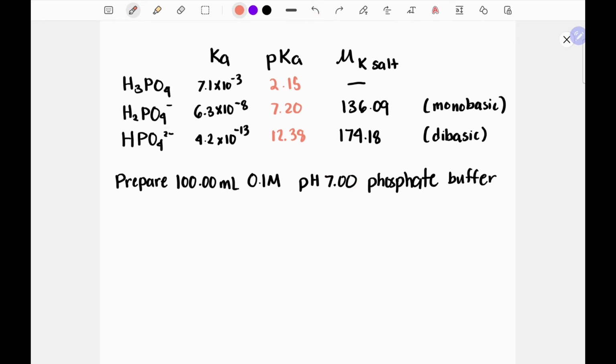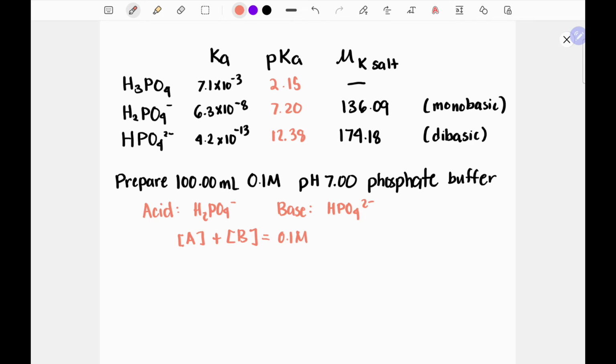So our acid must be H2PO4 minus, and our base is its conjugate. It's HPO4 2 minus. When we say 0.1 molar, the concentration of the acid and the concentration of the base should be equal to 0.1 molar.